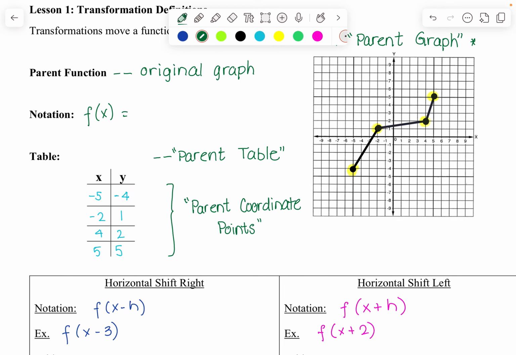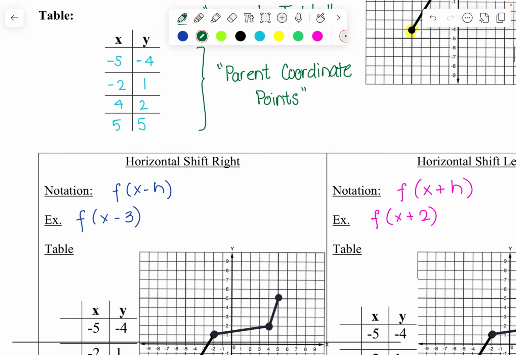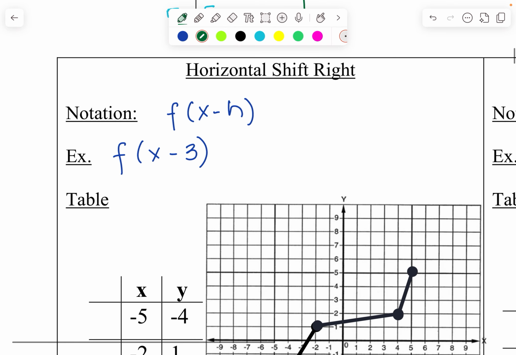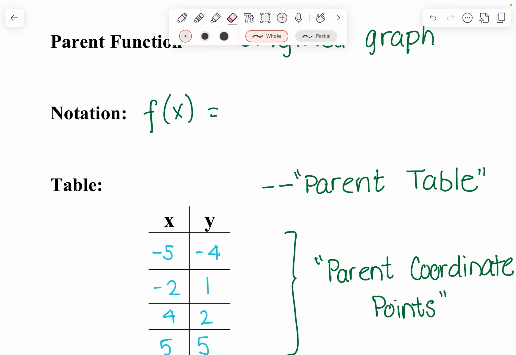For the purpose of this lesson, we will be using this parent graph with this parent table that have these parent coordinate point values. For the first transformation, we're going to talk about the horizontal shift to the right. Our notation for that is f of x minus h. The original notation for our parent function is f of x.